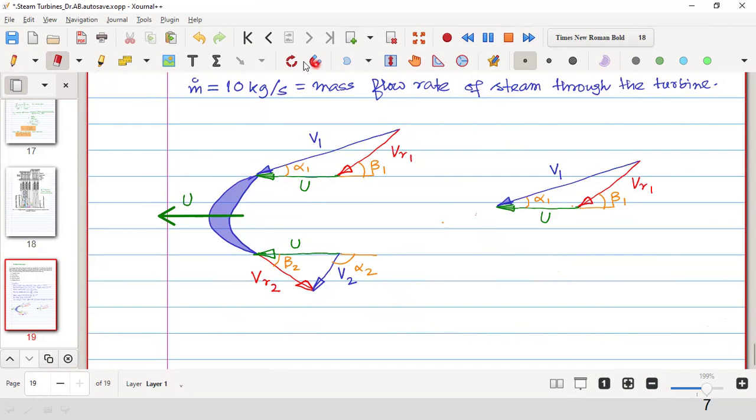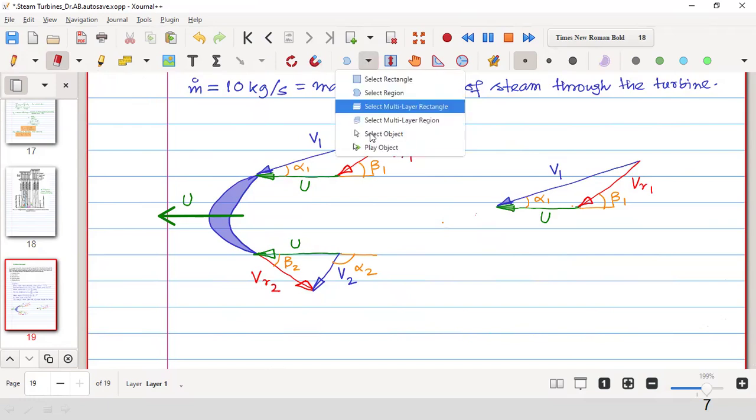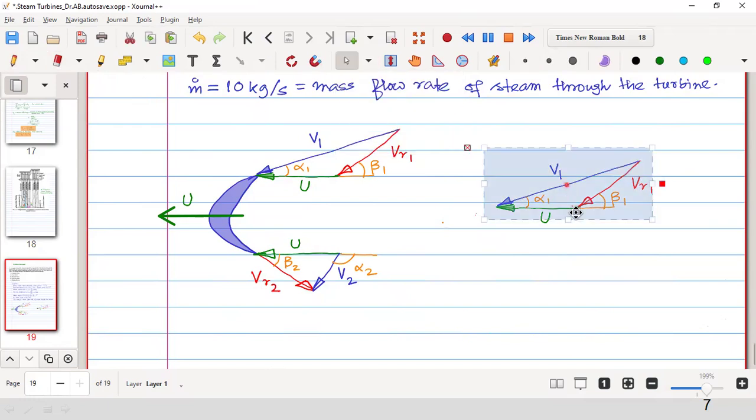So we can shift these so that we can clearly understand it.